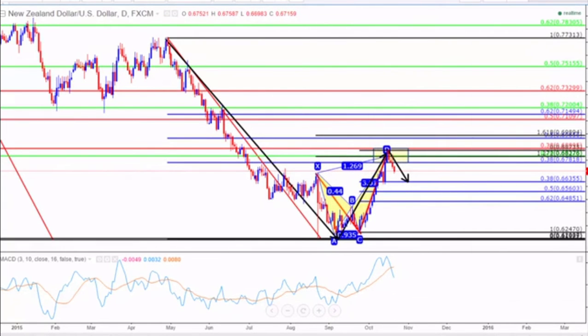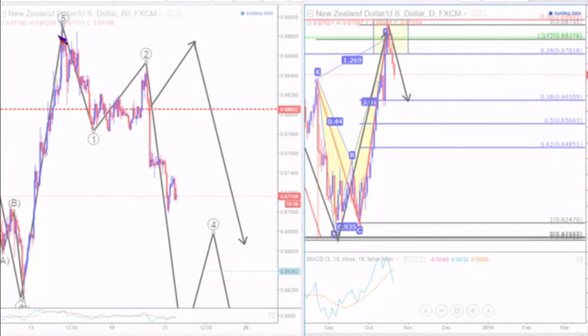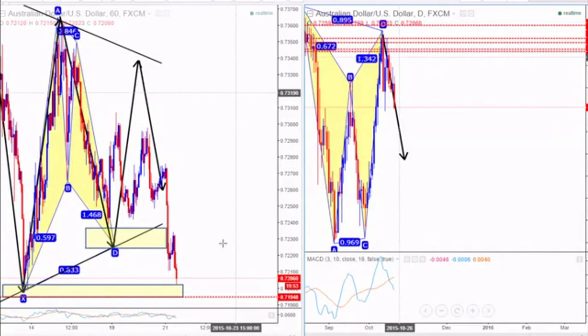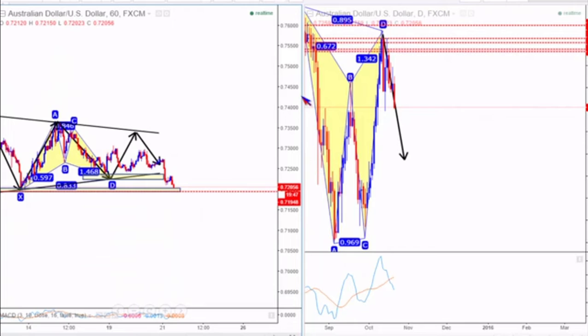But let's go back to that other chart just so you see what we're looking at. Uh-oh, hope I didn't screw it up.